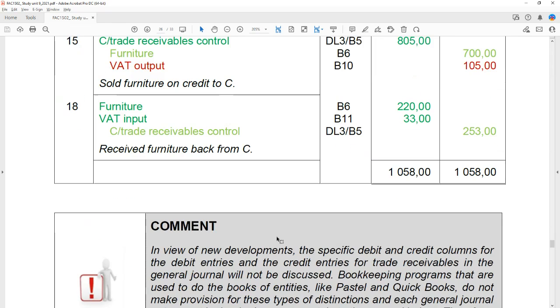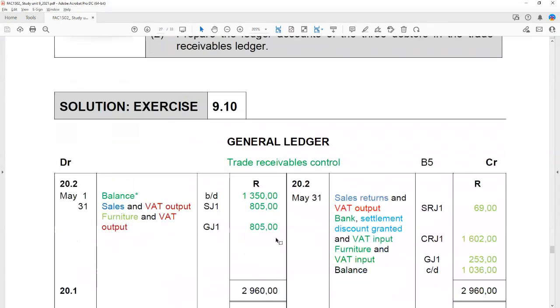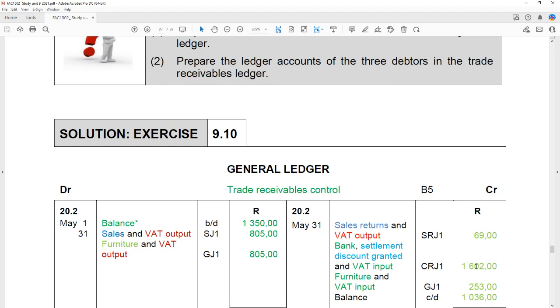Now we must record the full amount, the 1,602, because that's what they owed us. Otherwise, if we only subtract the 1,500, we're going to sit here still with a balance. But we've given them that discount, so they have actually settled their account. And to settle it, it must be the full amount that they owed us. Although we haven't received the full amount, the difference is the settlement discount granted.